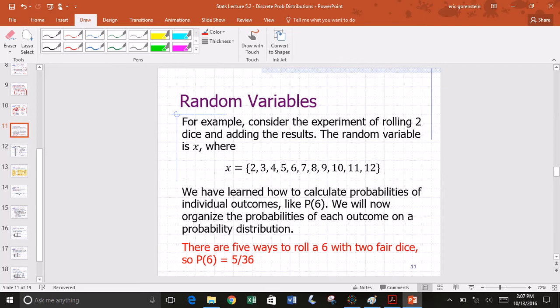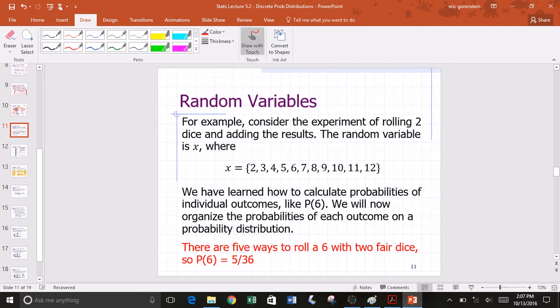Okay, so here's an example. In the last topic, when we were talking about specifically just probability, or the basics of probability, I could have asked the question, if you roll 2 dice, what's the probability of rolling a 6?